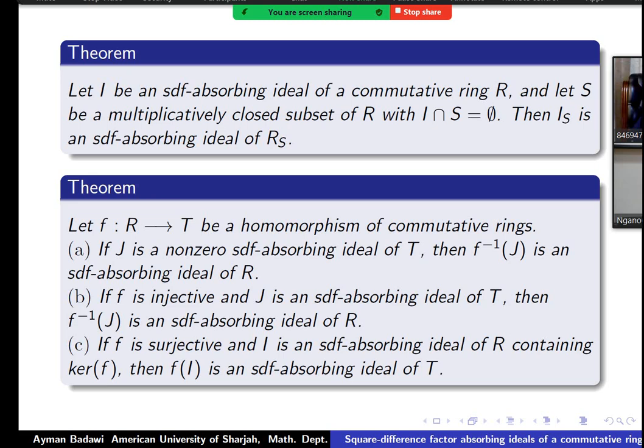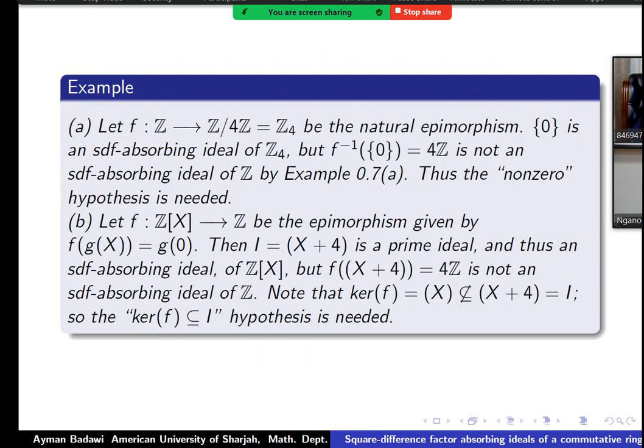And also in C, by the way, the hypothesis that the kernel of f lives inside I is crucial. If you remove the condition that the kernel of f lives in I, then the result is not true. Okay, and here is the example.